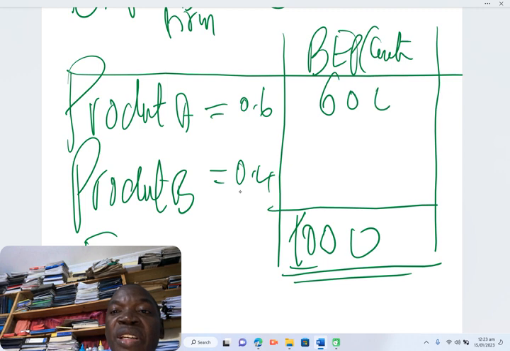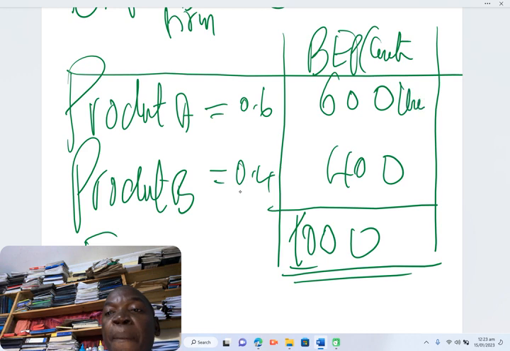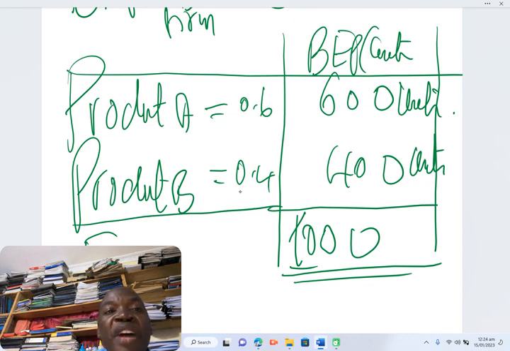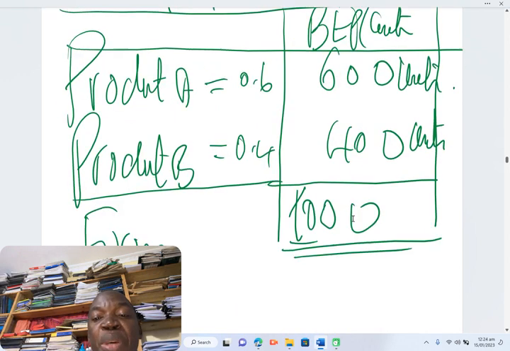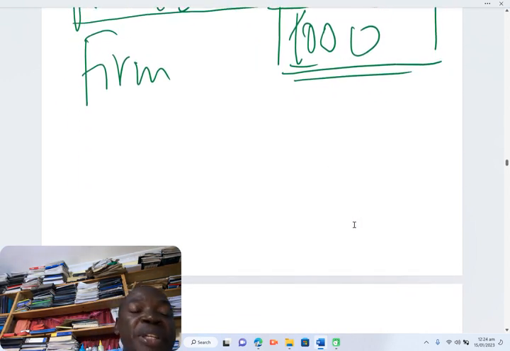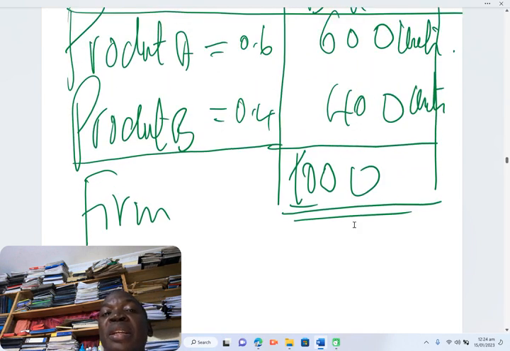So this is 600 and this is 400 units. So the break-even point in units for the products is 600 of product A and 400 of product B. Once you sum, it is 1,000.